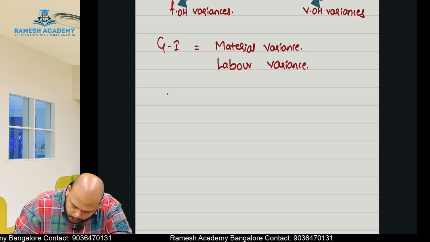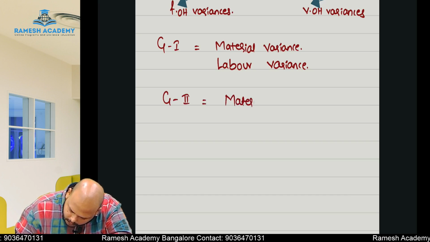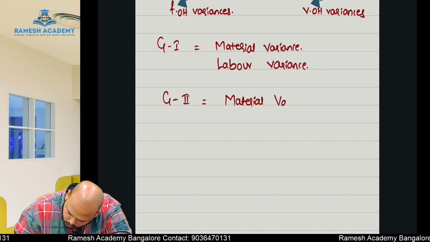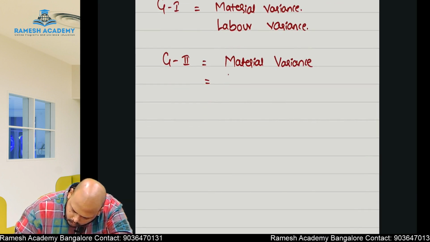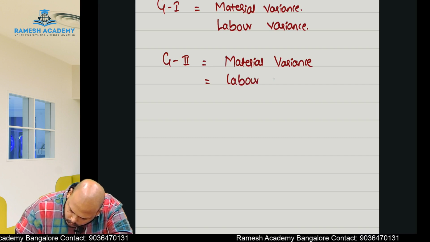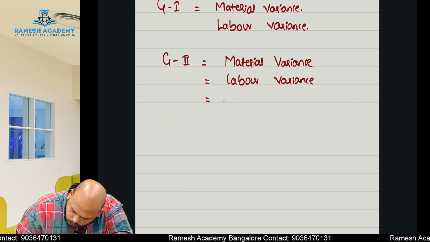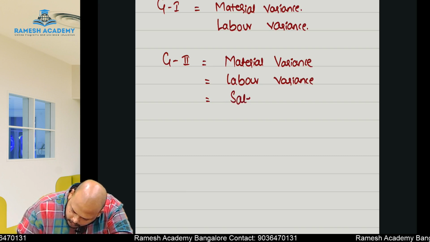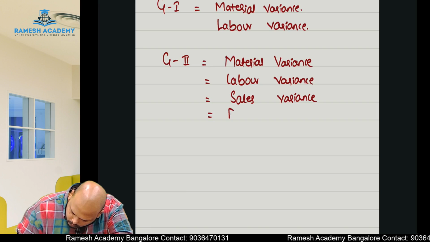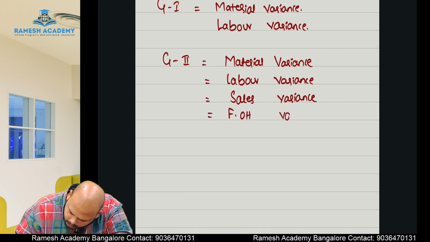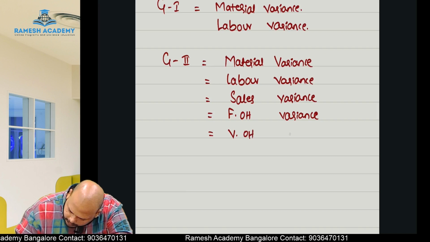Next, in group 2, we have material variance, labor variance, sales variance, fixed overhead variances, and variable overhead variances.